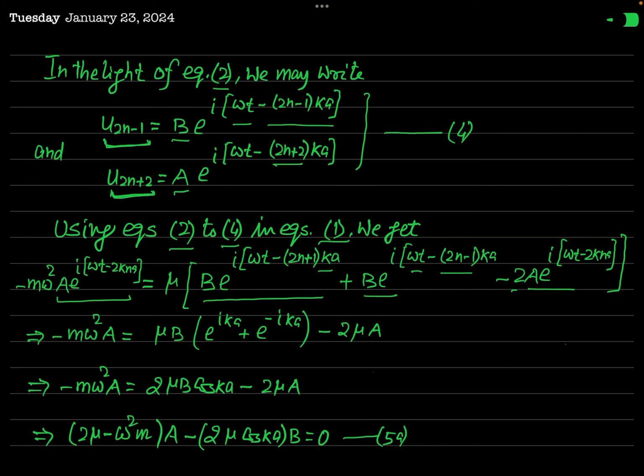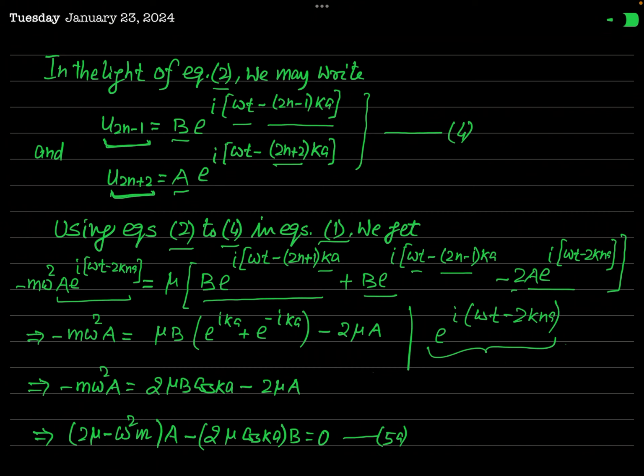Okay, now you can see this exponential factor, e to the power i(omega t minus 2kna). This is a common factor. Actually, in each term of LHS and RHS, this factor is present, so that will cancel out.